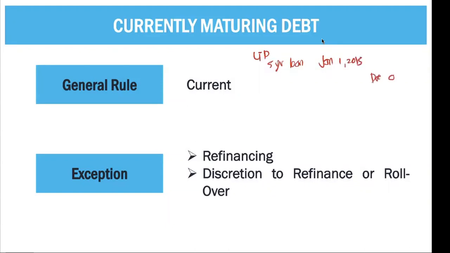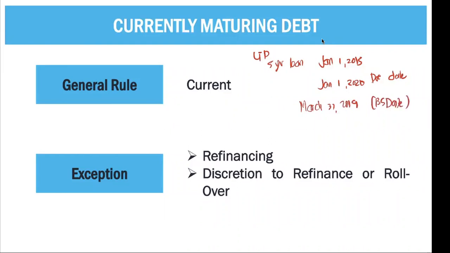When is the due date of that loan? That is, let's say, 5 years after, January 1, 2020. That's the due date. And let's say today is March 31, 2019. This is your balance sheet date.